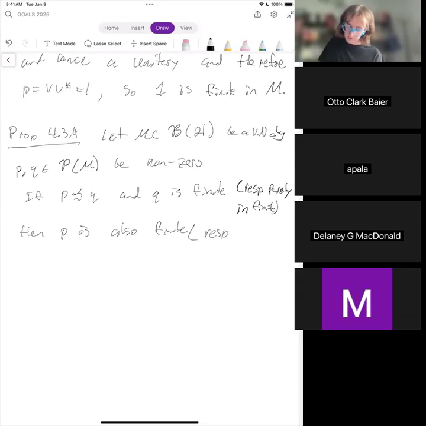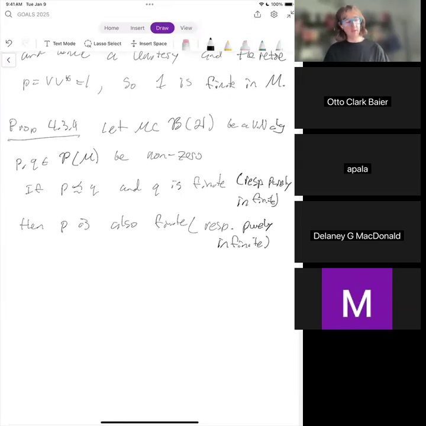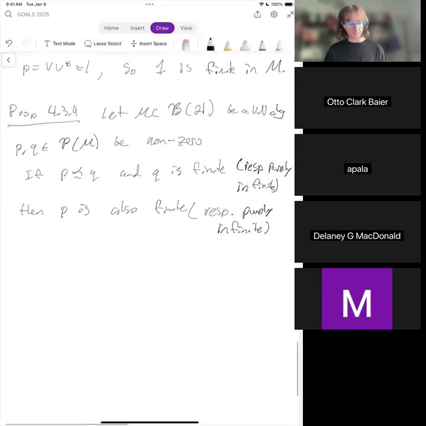The same property holds for purely infinite. So for now, we're just taking this proposition as a property that for subequivalence of non-zero projections, the subequivalent projection inherits being finite or being purely infinite.